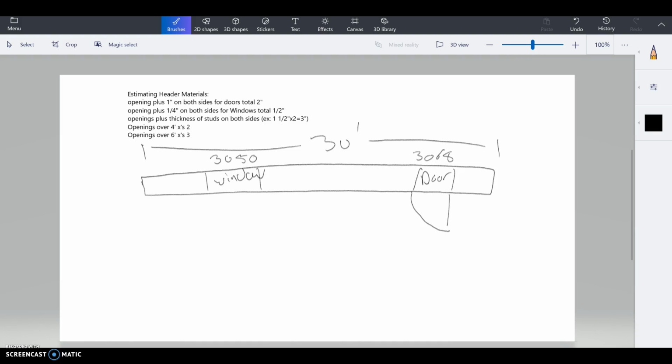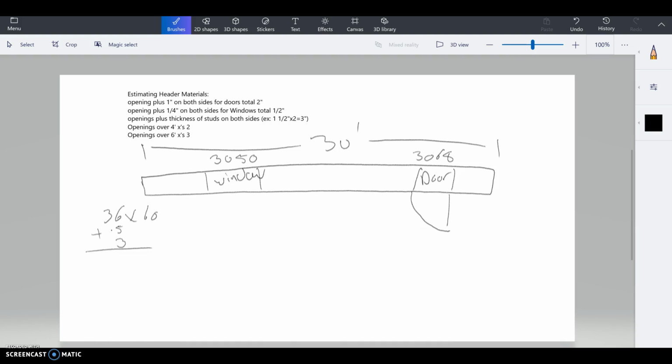So this is how to calculate the size of my header for a 3050 window. A 3050 window is the same as saying 36 by 60 inches. So 36 plus, I'm going to add a half inch, which is 0.5. And then I'm also going to add 3 inches for the thickness of the two studs on each end.